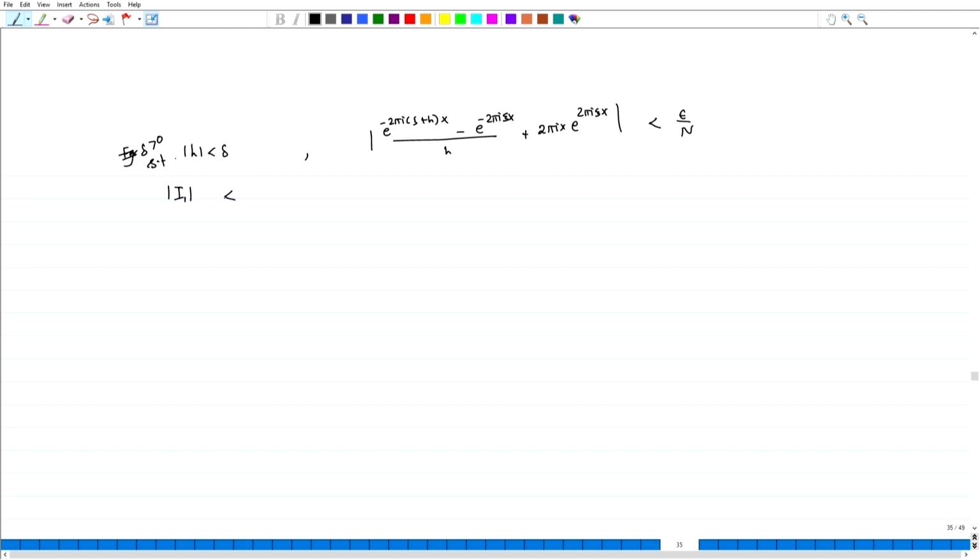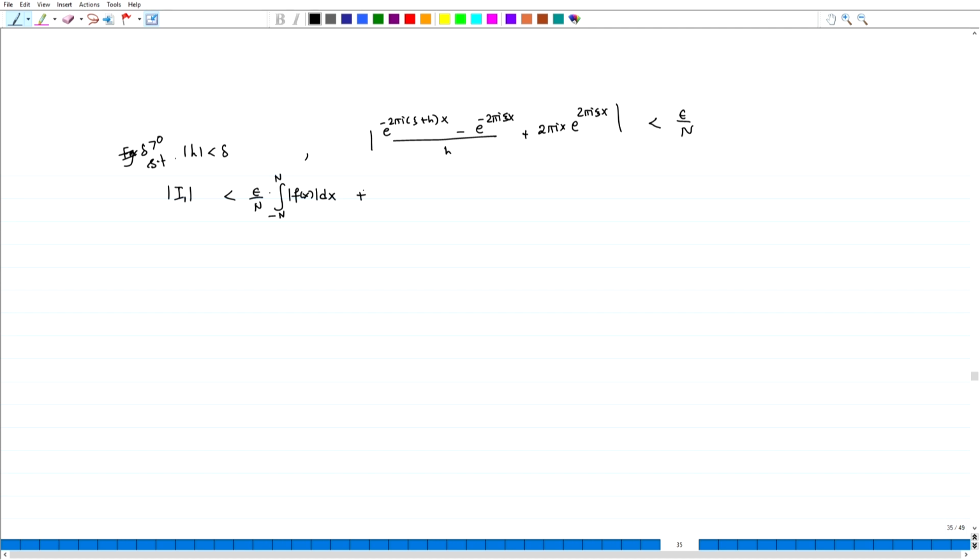So, this I 1 is less or equal to epsilon by N with the inner one, and then I have the integral from minus N to N of mod f(x) dx. If I pull out the supremum of f, then this is what I am going to get: some constant times epsilon.